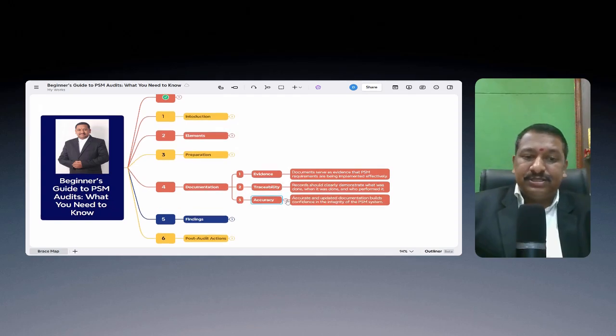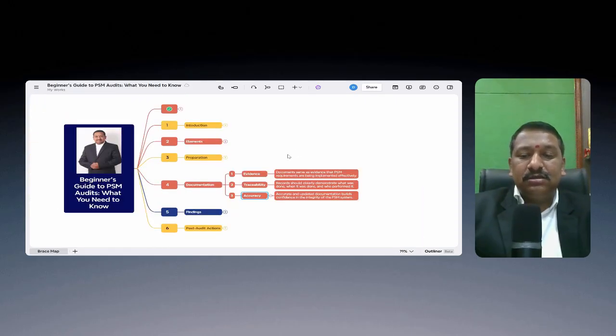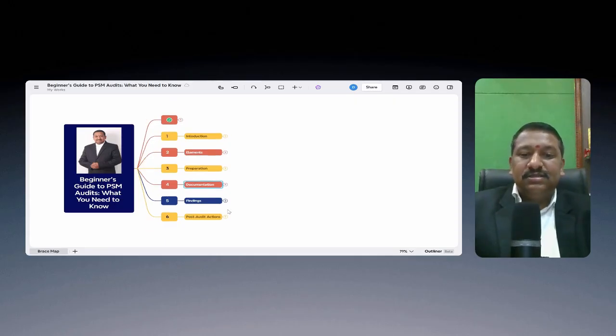Then the third is accuracy. Accurate and updated documentation builds confidence in the integrity of the PSM elements. If the documents are not accurate and not updated, the confidence does not improve. This is the fourth aspect, documentation.